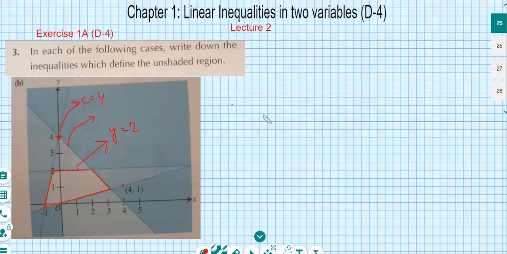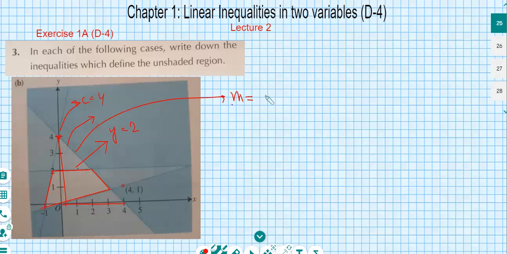And the gradient, I'm doing this line here, will be equal to y2 minus y1 over x2 minus x1. So rise over run will be, suppose this is the run, and this one is the rise.